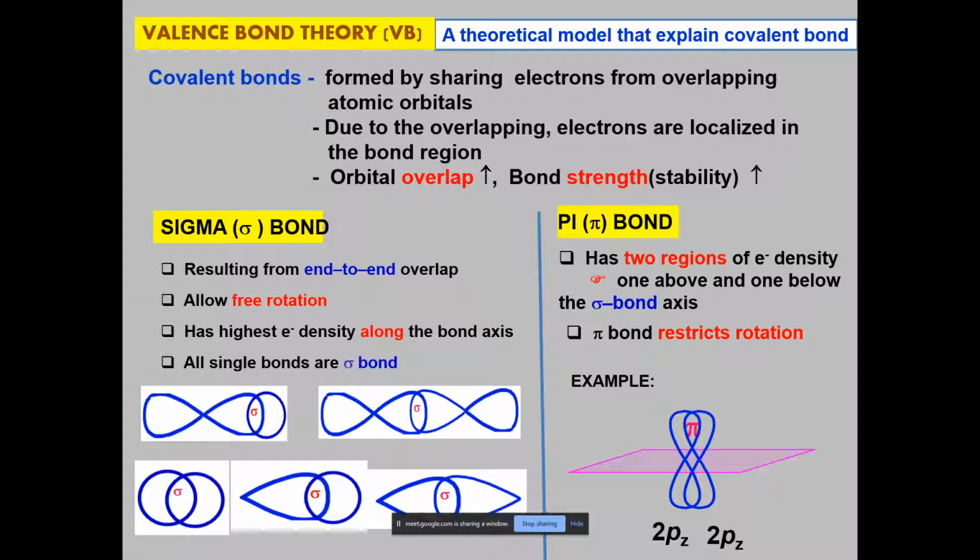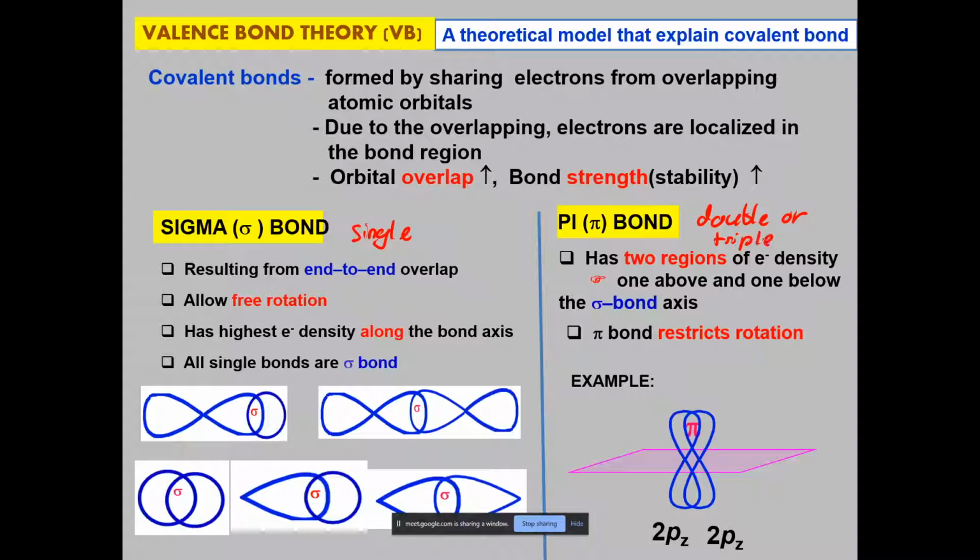It says that to have a bond, those orbitals need to overlap. Sigma is a single bond, and pi bond is a double or triple bond.